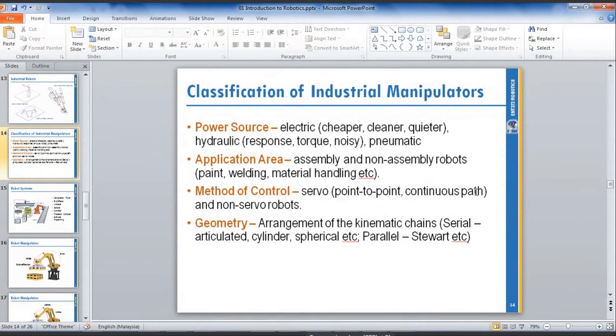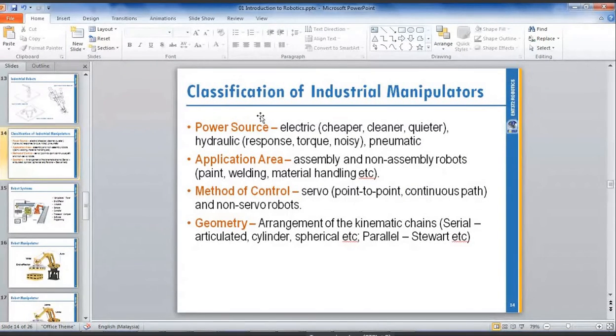4 minutes. Okay, classification of industrial manipulator. Manipulator in our subject is robotic arm. Robotic arm we call manipulator. So how do we classify the industrial manipulator?